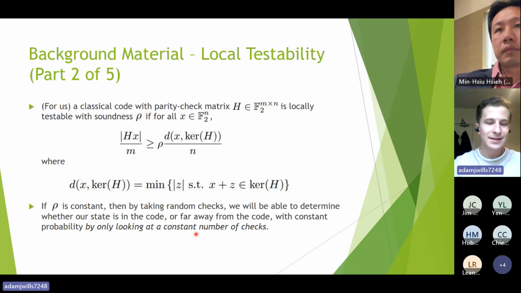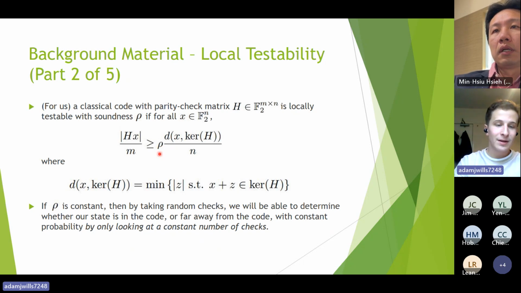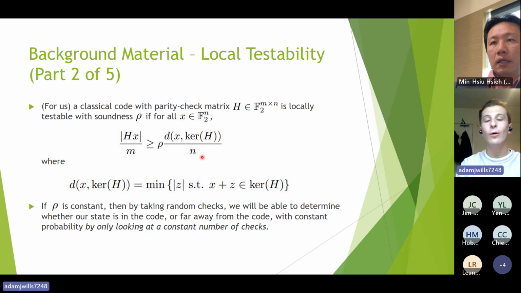So the idea is that if rho is itself constant, then by only looking at a constant number of randomly chosen checks, we will be able to determine with constant probability whether our word x is in the code or far away from the code. And by far away from the code, I mean that this relative distance is a constant.